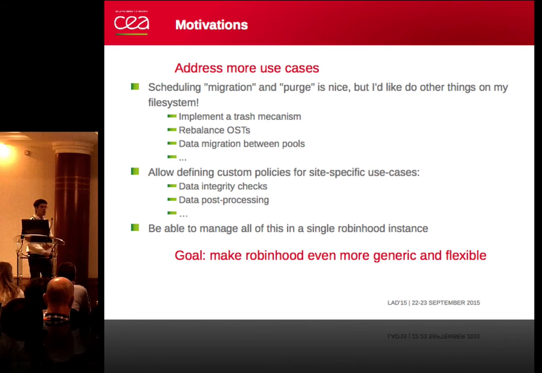And moreover, there could be specific needs on sites, like performing some data post-processing or checking regularly data integrity of files. We wanted to make it possible to implement all of this with Robinhood.